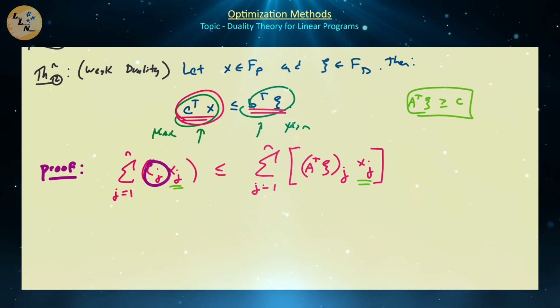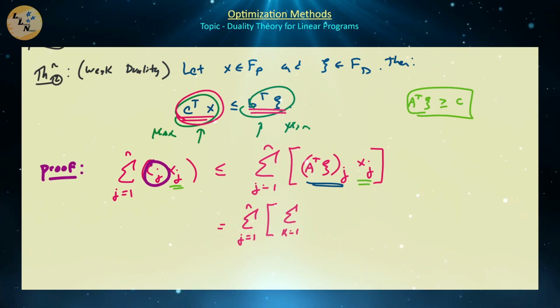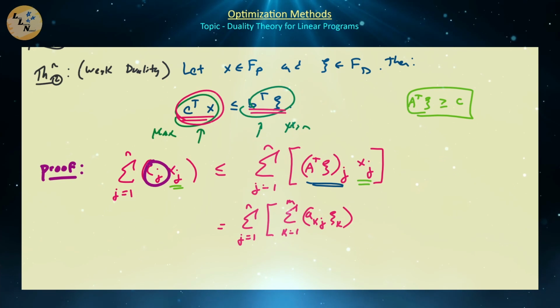If we write this in summation notation, this is equal to the sum from j equals 1 to n of the sum from k equals 1 to m of a_kj times psi_k, times x_j.